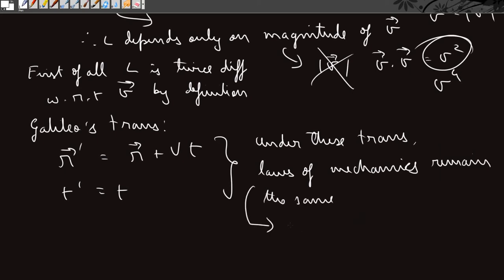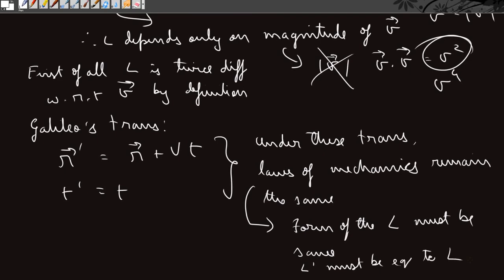And this implies the form of the Lagrangian must be the same or equivalent, or in other words, L dash must be equivalent to L.